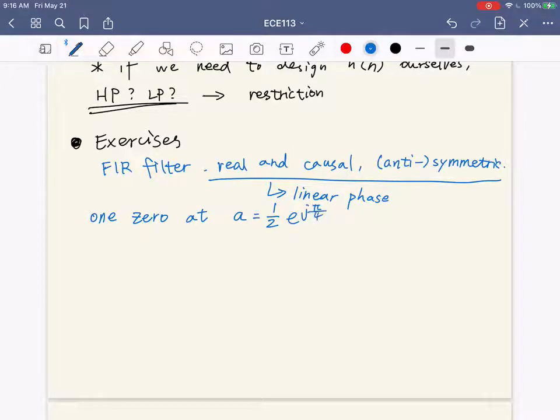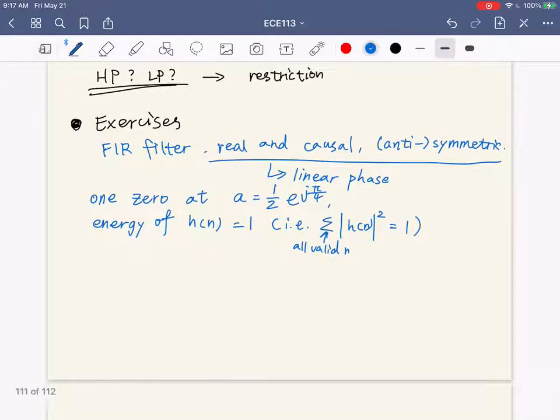Okay, so someone tells you they know there is a zero at this point, and we don't know the number of zeros, we don't know other zeros, and we also know the energy of h of n is 1. What does it mean? It basically means the sum of the square of the magnitude of h of n, over valid n, equals 1.